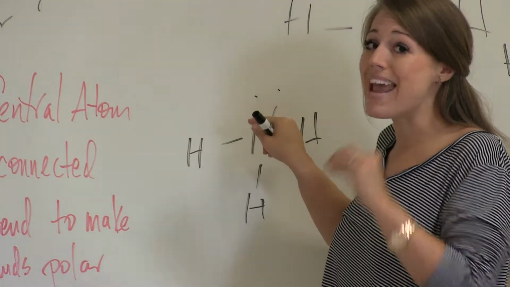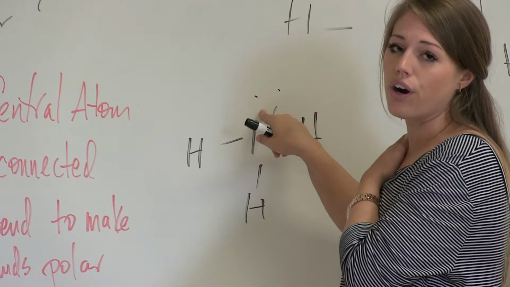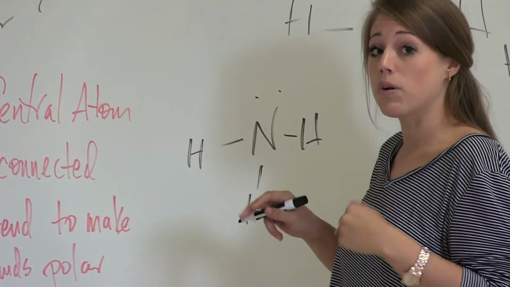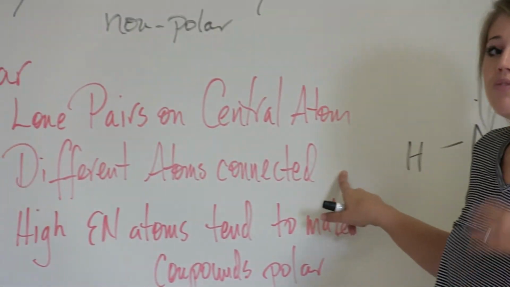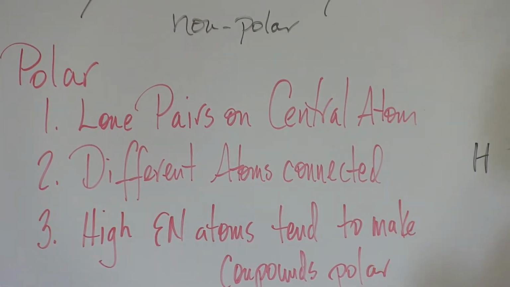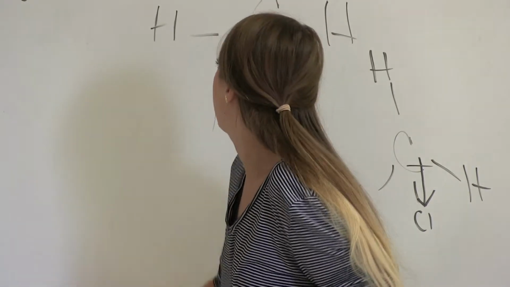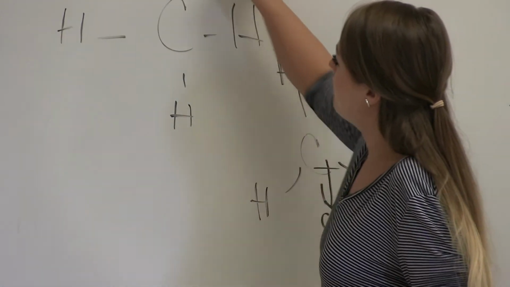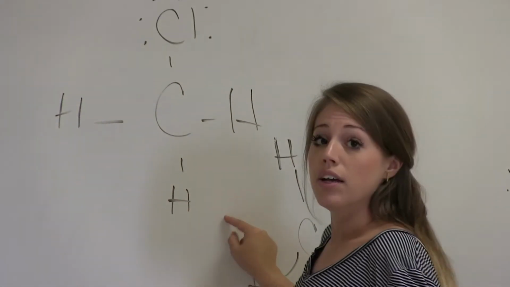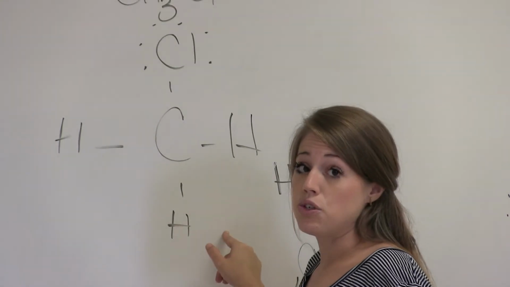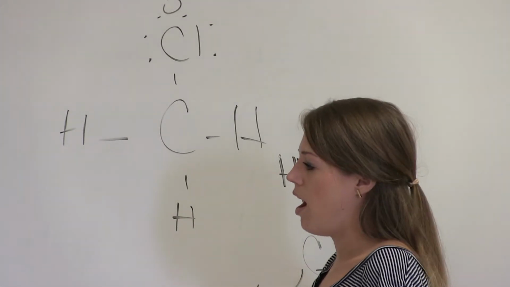This lone pair makes a dipole occur. So therefore, this is going to be a polar molecule. Also, if we have different atoms connected to the central atom, like back at our first compound, we don't have the same things connected to carbon. So we don't have an even distribution of charge, so it's going to be a polar compound.